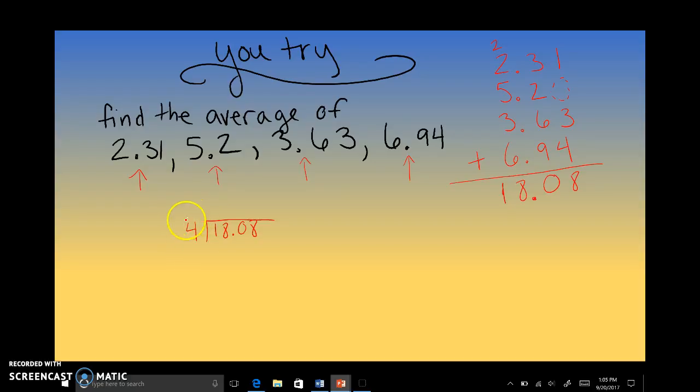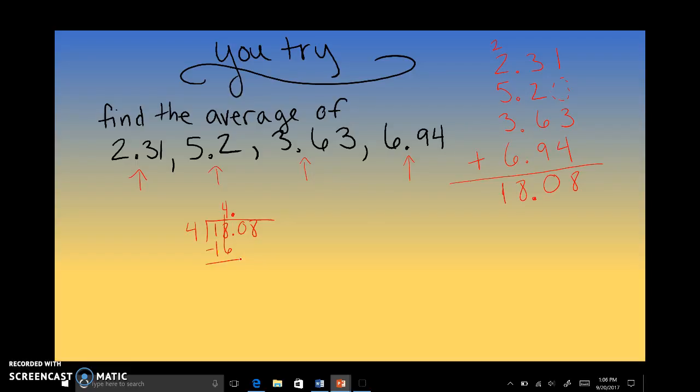We see right now that our divisor 4 is a whole number, so we don't need to worry about moving the decimal. This decimal is already in the right spot, so we're just going to bring it straight up right away so we don't forget about it. Now we're going to ask ourselves, how many times does 4 go into 18 without going over? 4. 4 times 4 is 16.